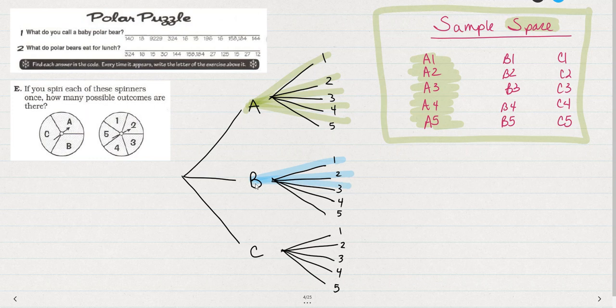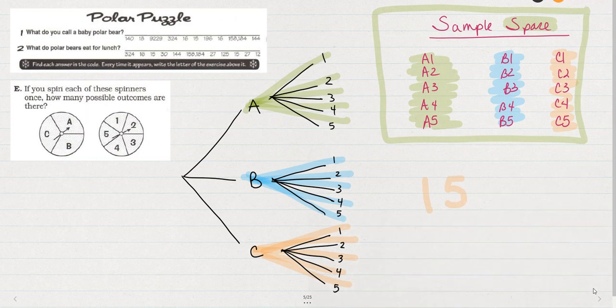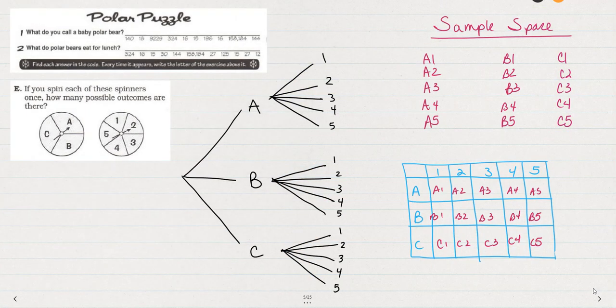B1, B2, B3, B4, and B5 are the next 5 elements in the sample space. And then, of course, we have the C1, C2, C3, C4, and C5. All together, you could see that there are 15 outcomes.